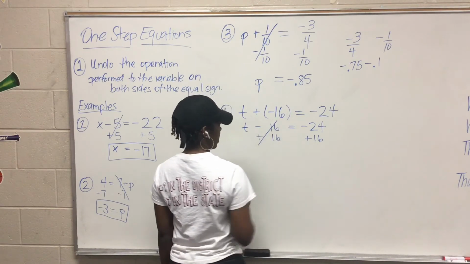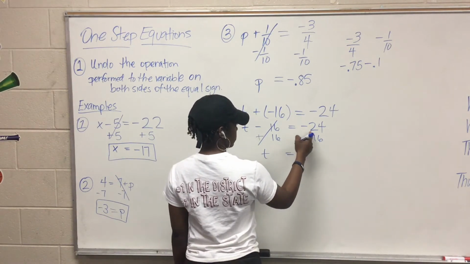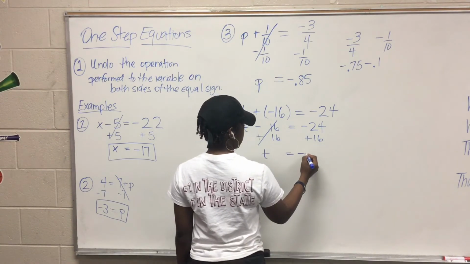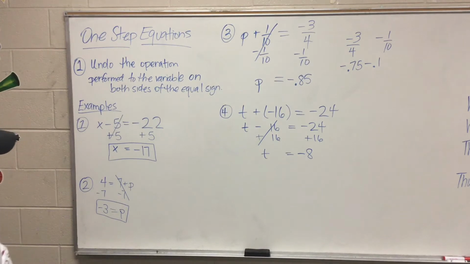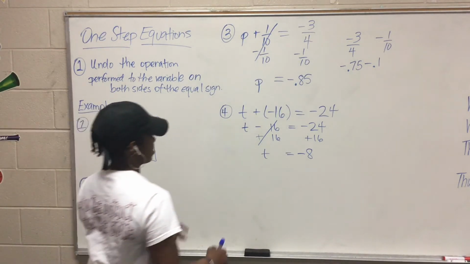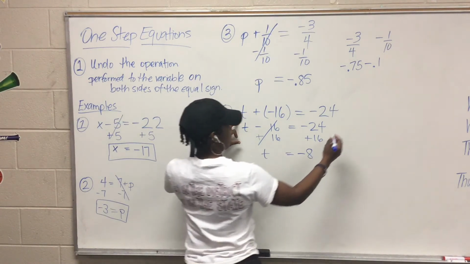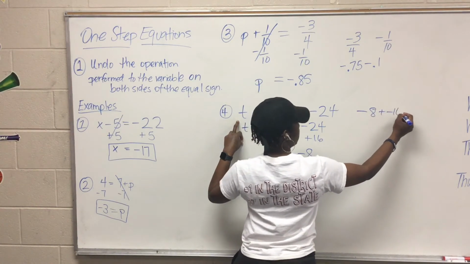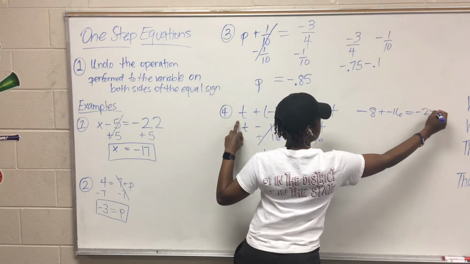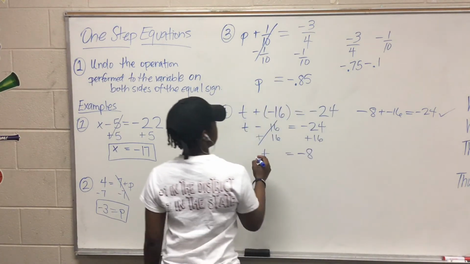We get a zero pair here. We're left with t equals negative 24 plus 16, which is negative 8. The way to check your answer is to plug in your answer for t. So we have negative 8 plus negative 16. That does equal negative 24. So we know that our answer here is correct.